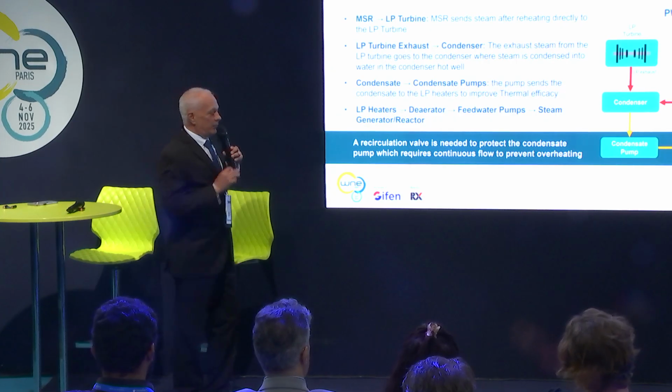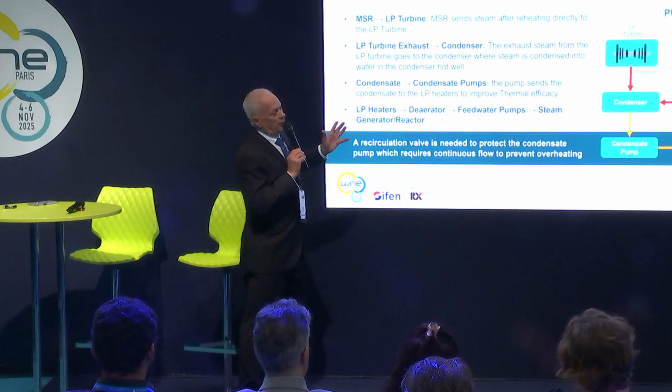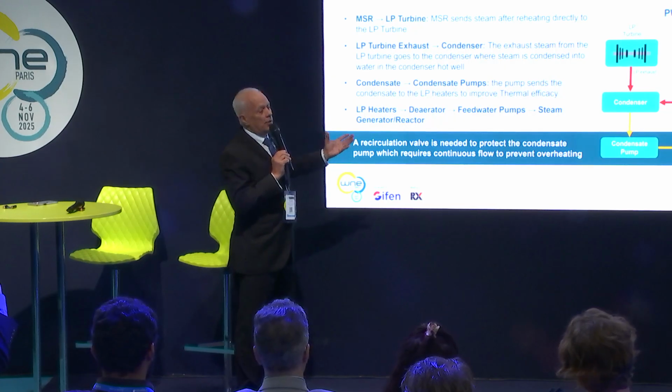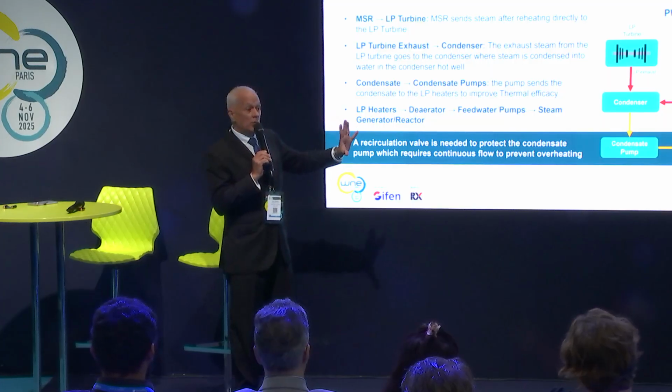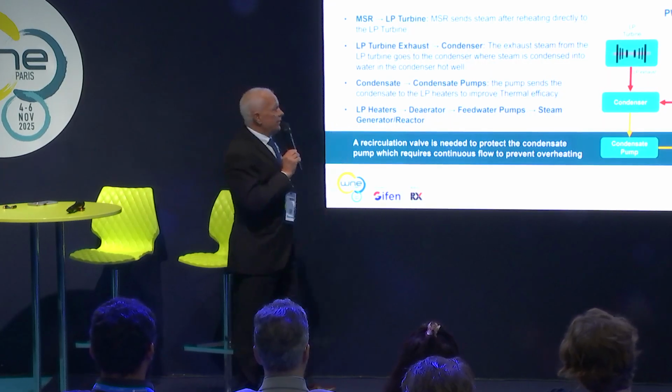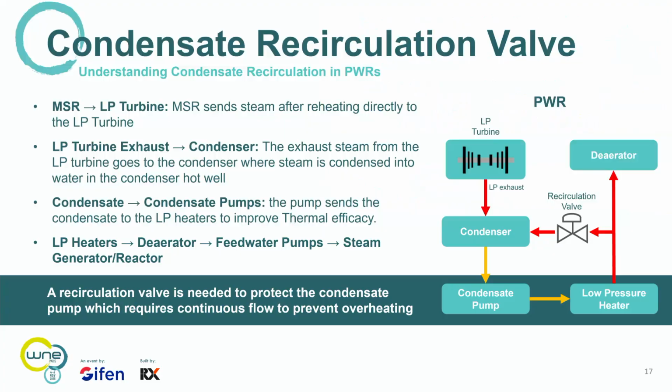We talked about the MSR. We talked about the exhaust after it goes from the MSR. The steam goes into the LP turbine after it's been reheated. In this case, it's going from the LP turbine. Now, where does that exhaust go? It goes into the condenser.